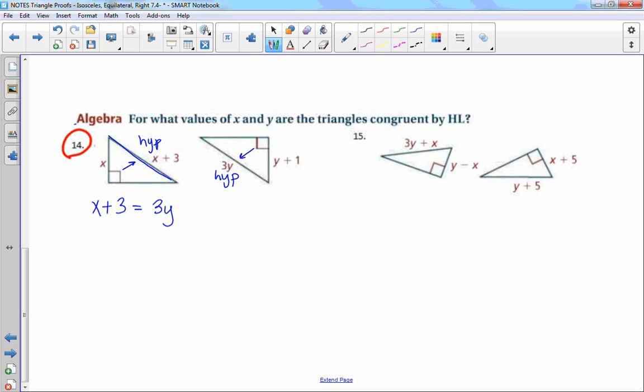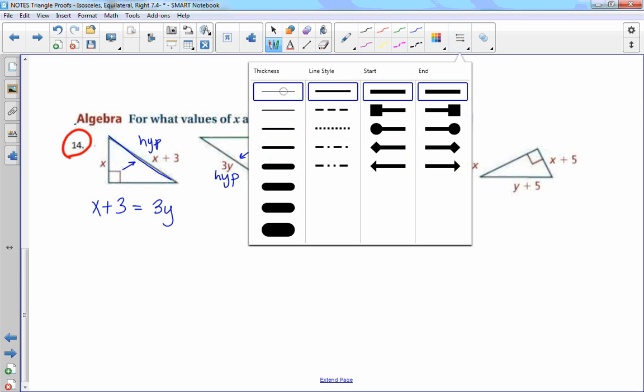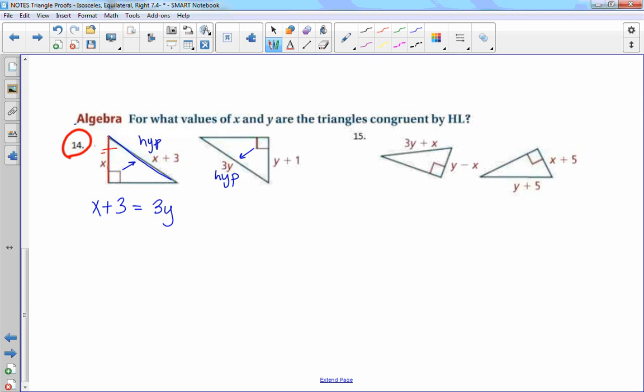We have hypotenuse should be congruent. What else should we know about the hypotenuse leg theorem? Well, we're going to have a right angle, but we're trying to find x and y, which are on the legs. The legs should be congruent. This side should be congruent to this side. So if they're congruent, we should be able to set them equal to each other. X equals y plus 1.